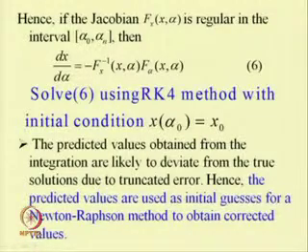So one can write in this interval dx/d alpha equal to minus f_x inverse times f_alpha(x, alpha). This is from Newton's method.